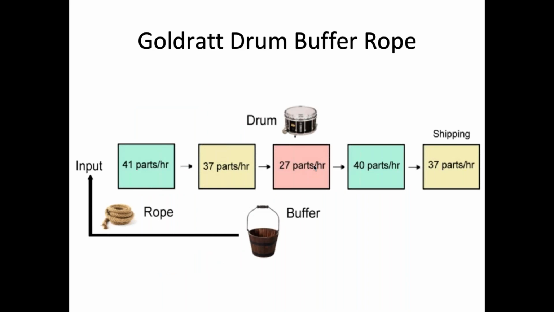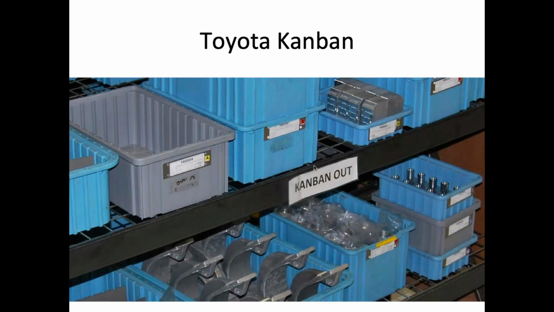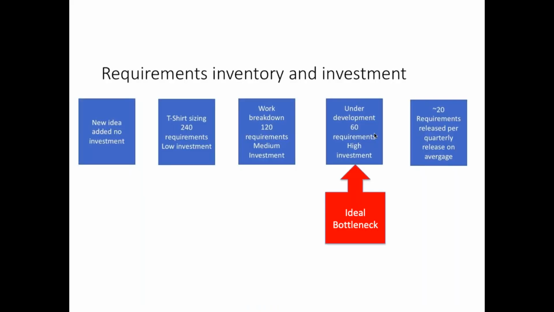And the second part of this is how do we release work into production? Whether it's drum buffer rope or Kanban, what we need to think about is where's the bottleneck at the time in our process, and how do we not release work downstream until work has been completed so we're not building up excess inventory in the system.